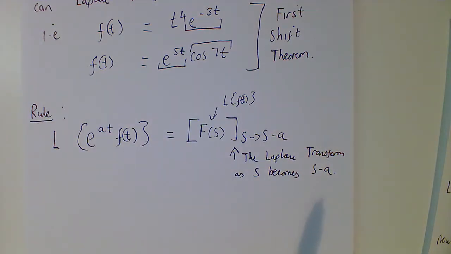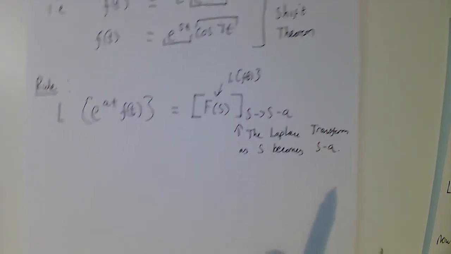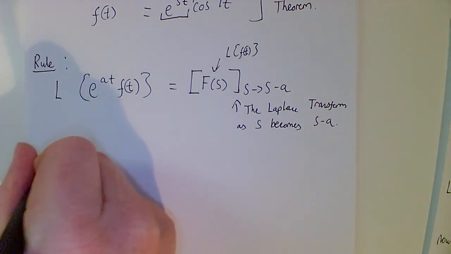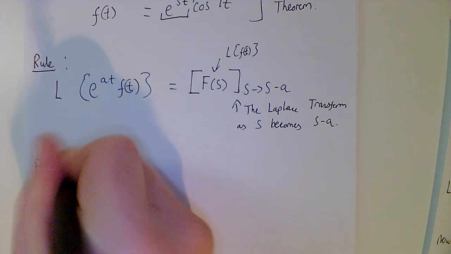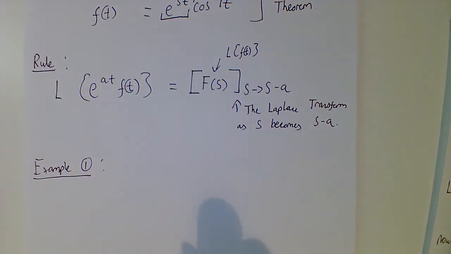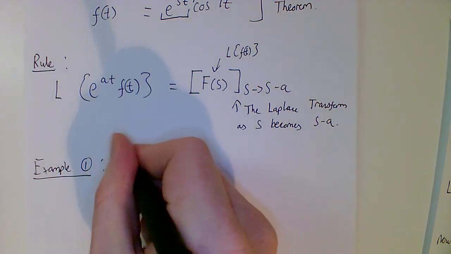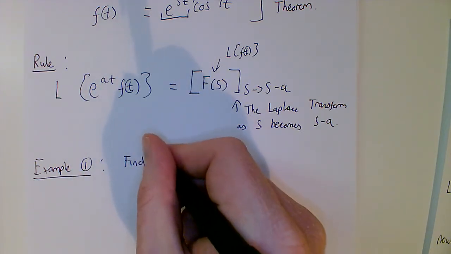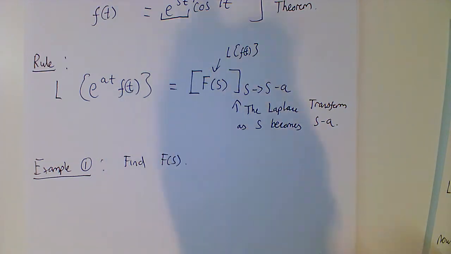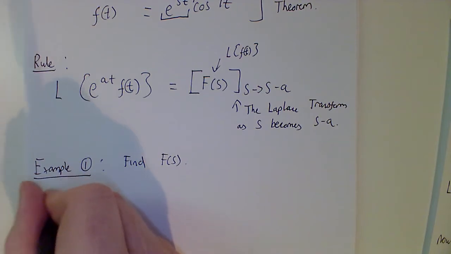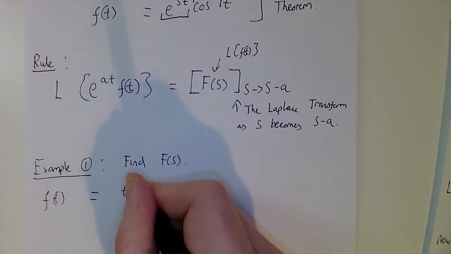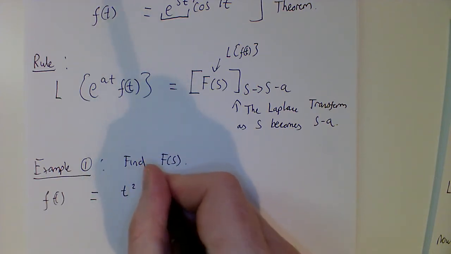Again, if I was you guys, I would still think it sounds too technical. So let's do a couple of examples. Find F(s), and remember that just means find the Laplace transform. So f of t equals t squared e to the power of negative 4t.